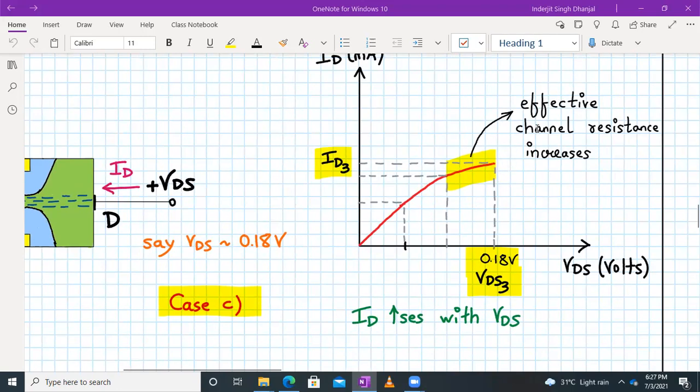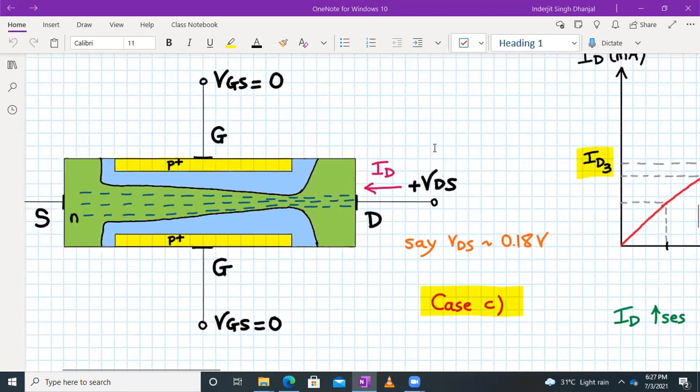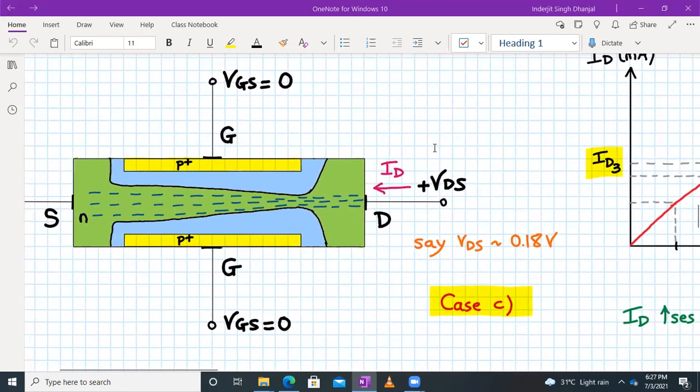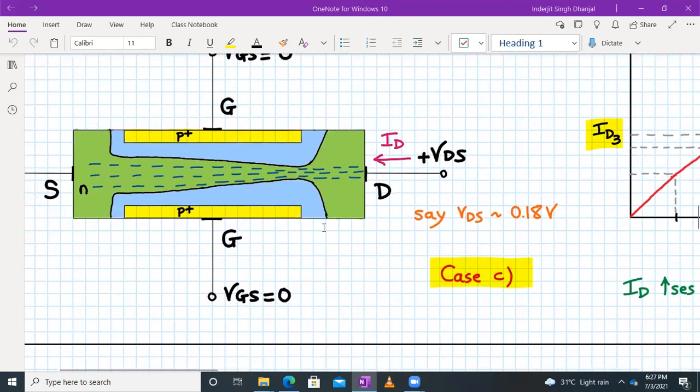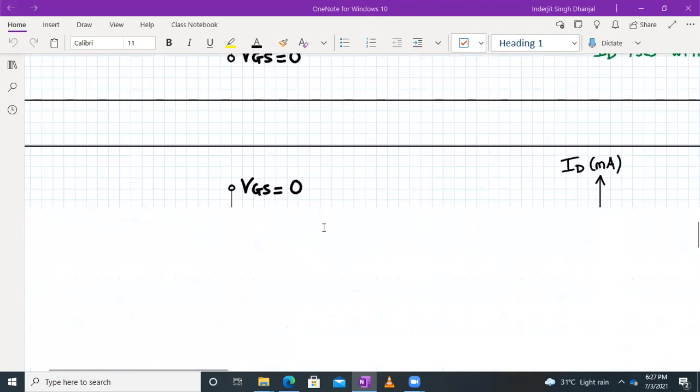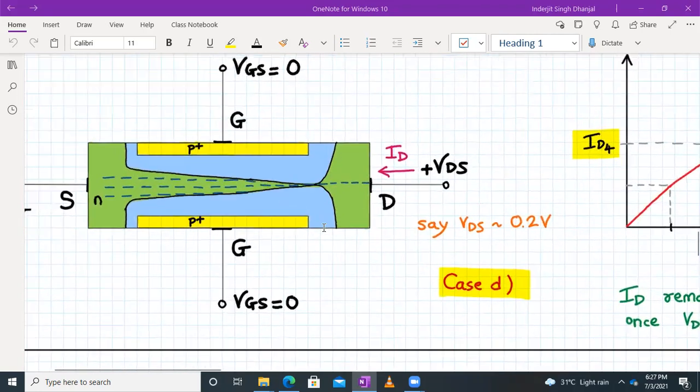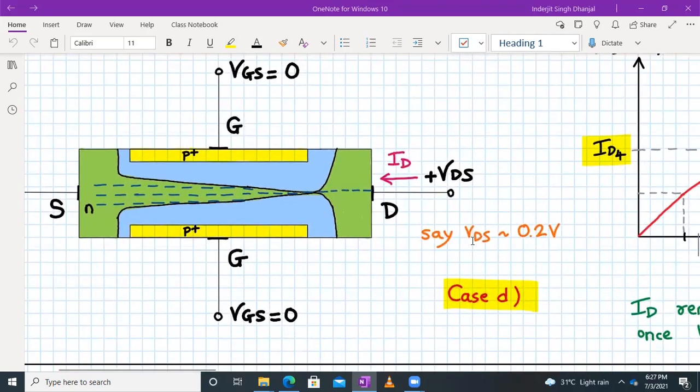Okay, so your effective channel resistance will now vary across the length of the channel, and what really happens is, when the channel current has to be constant, the voltage drop through the channel becomes dependent upon the position. So if the drain voltage is increased further, the following condition might occur. This condition might occur at, say, a VDS of 0.2 volts.